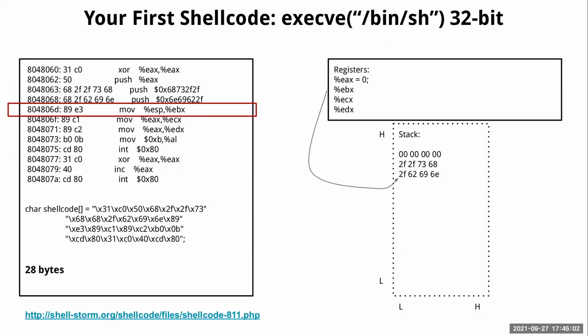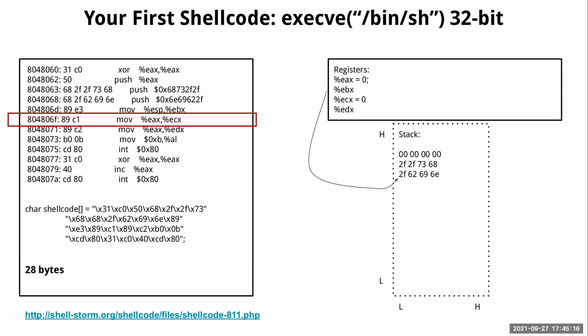Okay, so now EBX points to the string, and EBX is the first argument. Then we have move EAX to ECX, and ECX is the second argument. Like I said, we just want to set it as 0, and we already have EAX as 0, so we move EAX to ECX.